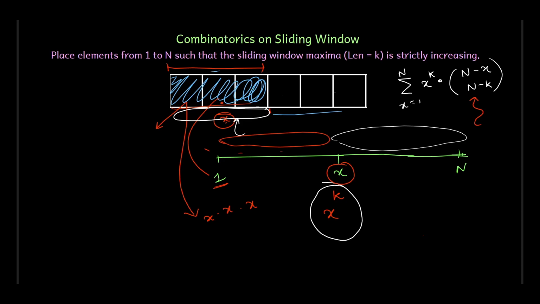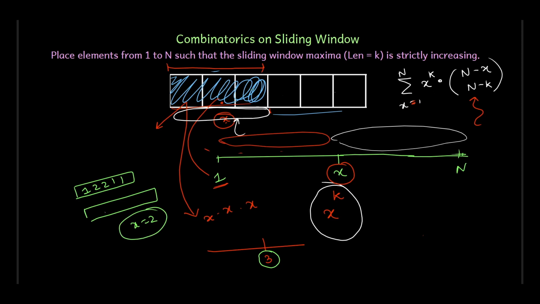But now if you use this formula, you will realize that you might end up over counting. Why is that? Because when you chose this partition point as, let's say, 3, then there is a configuration in which all the elements are, let's say, 1 2 2 1 1. Nothing achieved 3. And when you counted x equal to 2, even in that case, this same configuration can happen, because the maximum is 2 and somebody achieved 2.